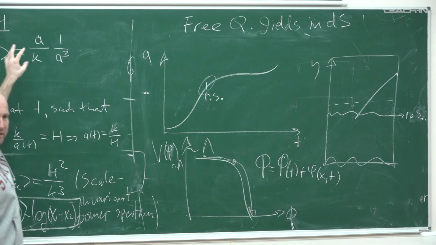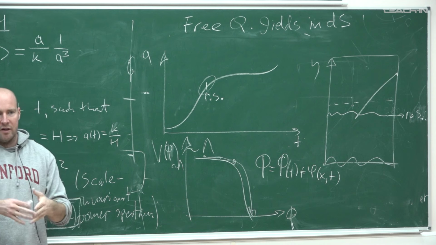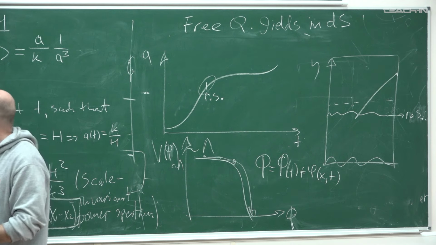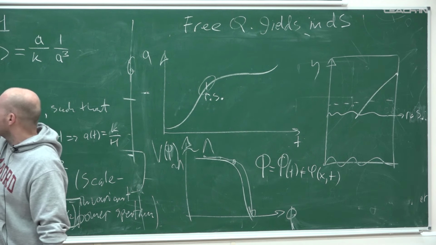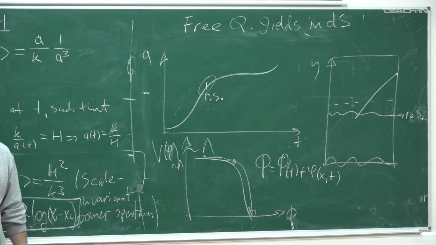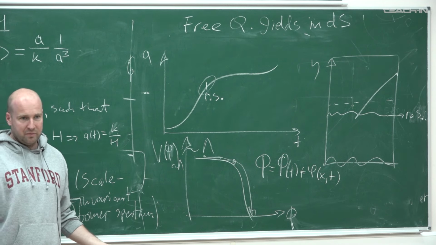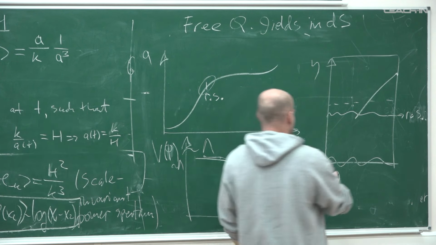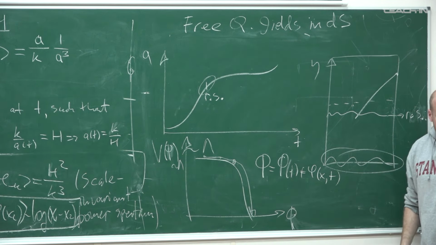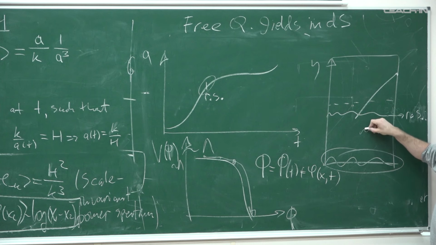What I had to tell you is that once it was at early enough times where this A over K is small, I was in the Minkowski vacuum. So that is what justifies the irrelevance of these initial conditions, that everything is happening over here.